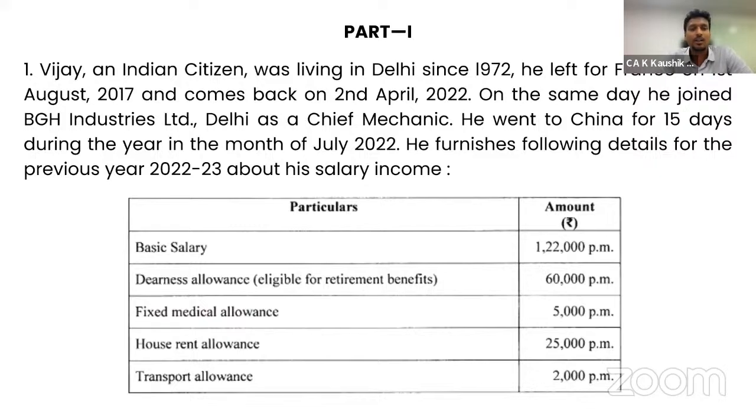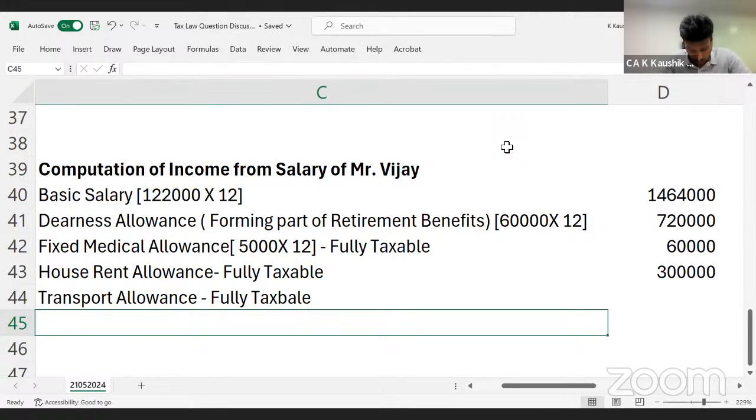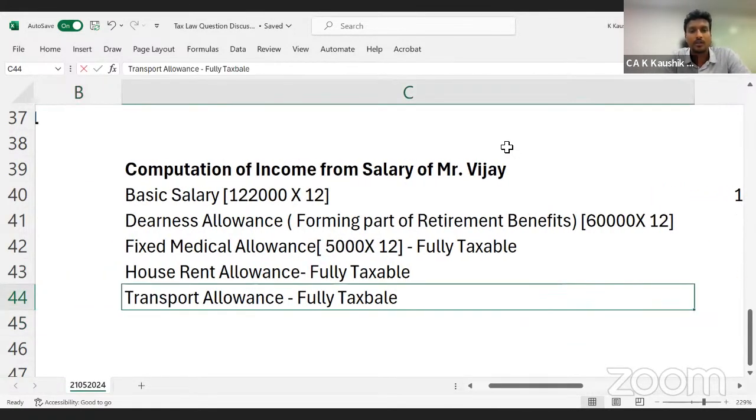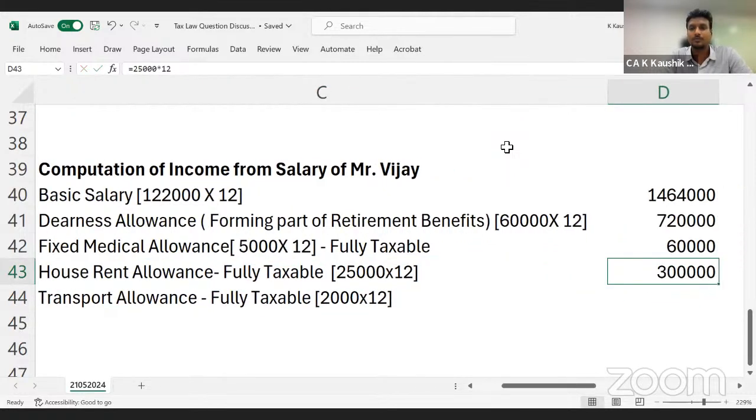Then comes transport allowance, again fully taxable. Transport allowance given is 2,000 rupees per month into 12, fully taxable.